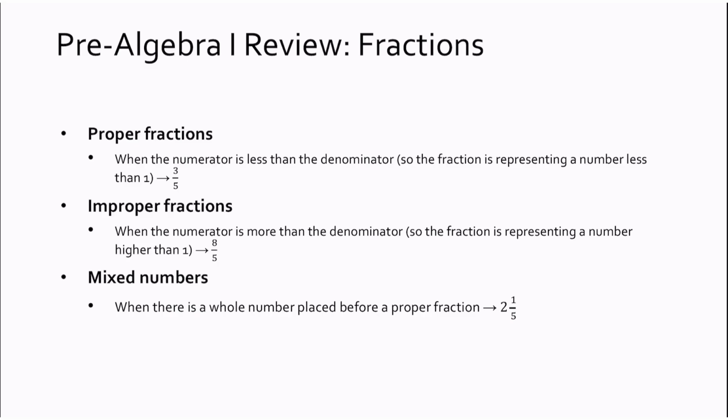So in this example here of 8/5, I could rewrite it as a mixed number of 1 3/5. So 8/5 and 1 3/5 is the same thing. And this mixed number here, I could rewrite it as an improper fraction as 11/5.